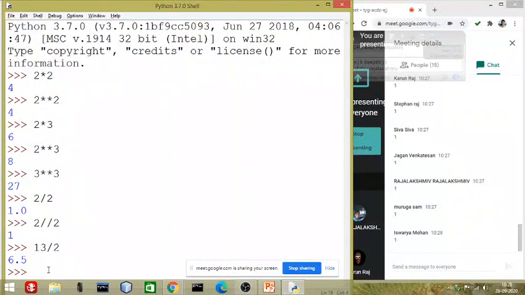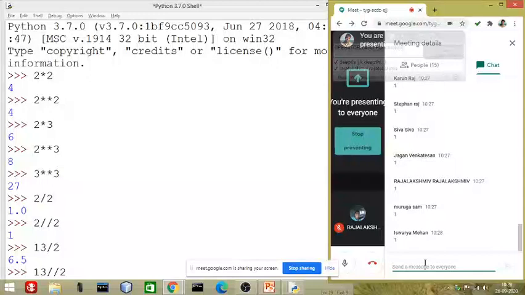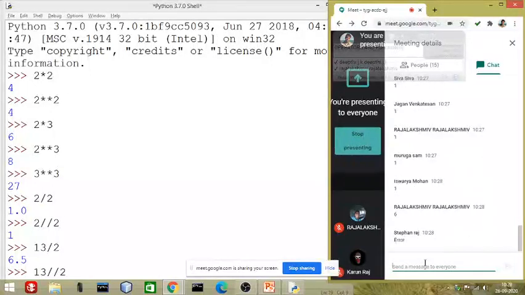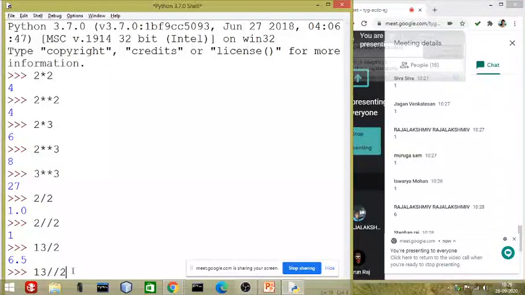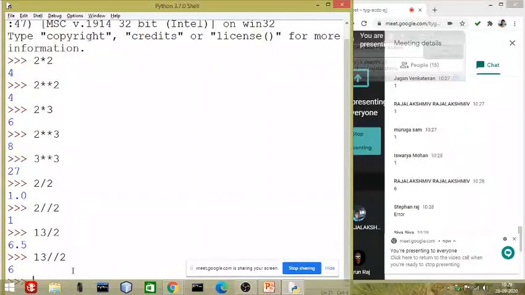But at the same time, if we do 13 double slash 2, please tell me the result. Stephen is telling error. Anybody? Any answer from anybody's side? No problem. Nothing will happen. Maximum it will be wrong only. Don't worry. We are here to make it correct. So when we type this type of value, we will get the result as a whole number.